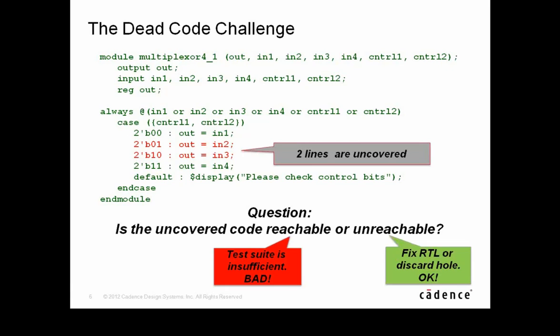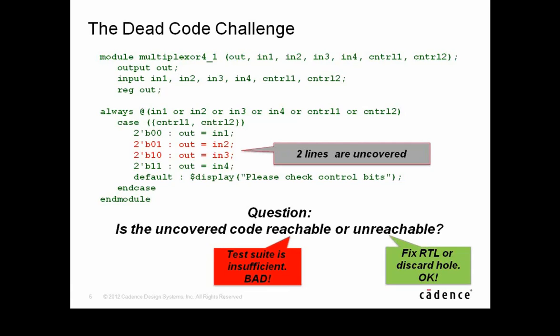So if it's actually reachable, that means the test suite is incomplete and you need to put in this effort and write more tests. On the other hand, if it is unreachable, there could be 2 possibilities. The configuration that you were using for your DUT was such that it was okay that this is unreachable.